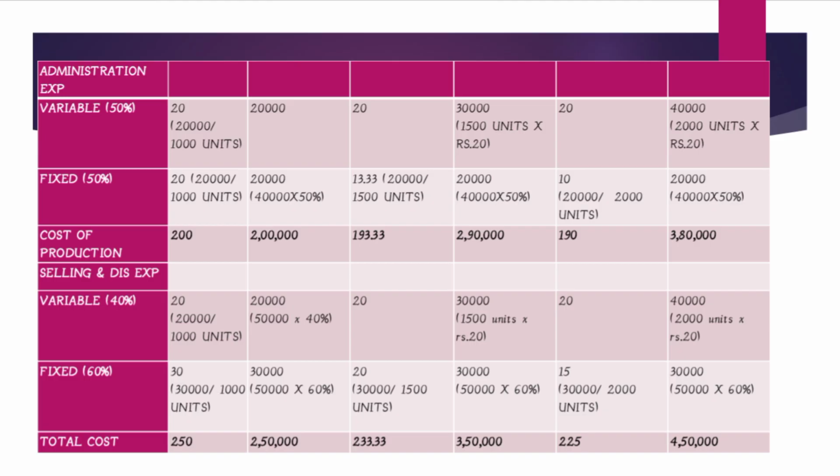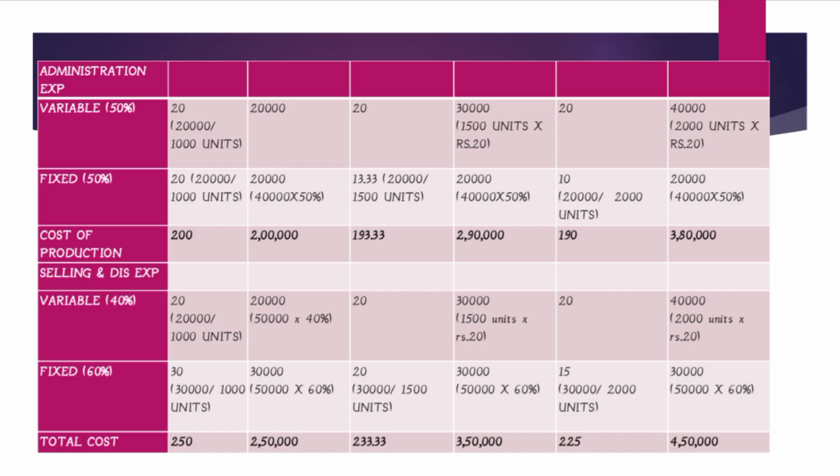By directly multiplying the price per unit with its units, we can get a total value. For 1500 units, it will be 30,000. For 2000 units, it will be 40,000. So next, the given information in the sum is selling and distribution expenses. Before that, by adding administration expenses with the prime cost, we can get the cost of production.